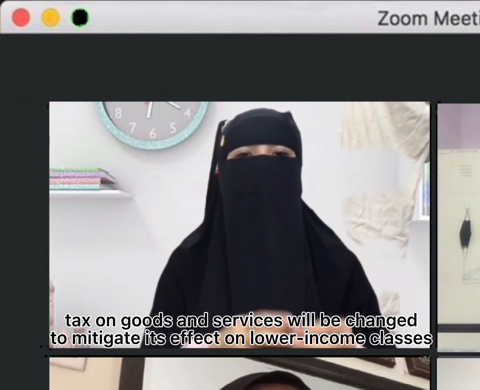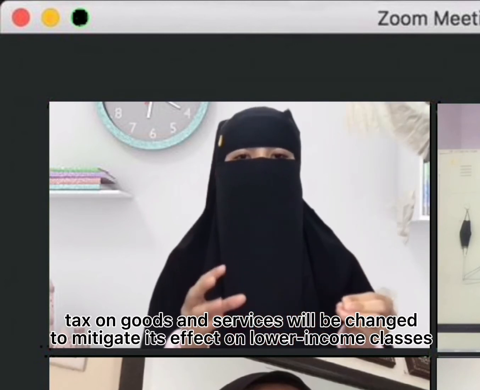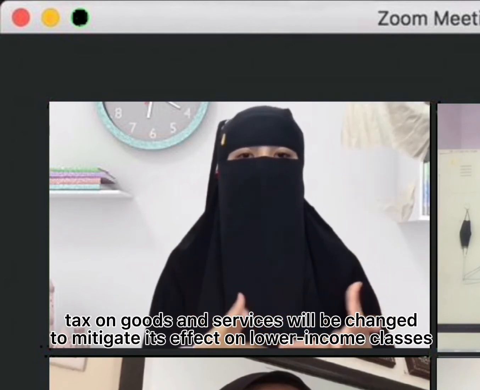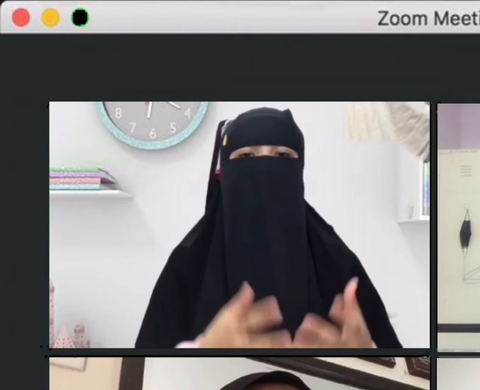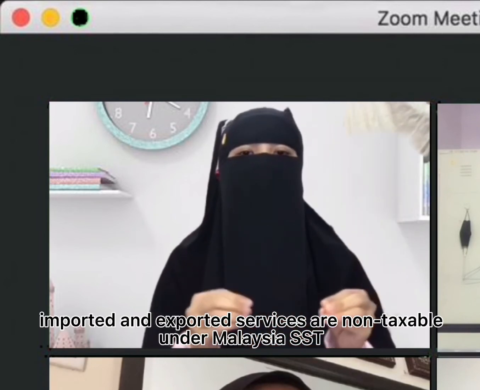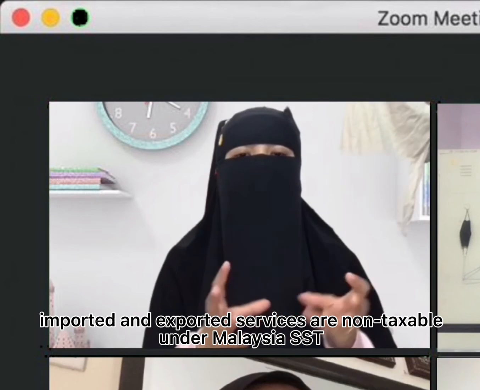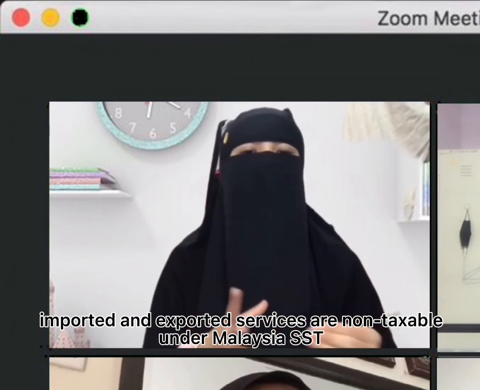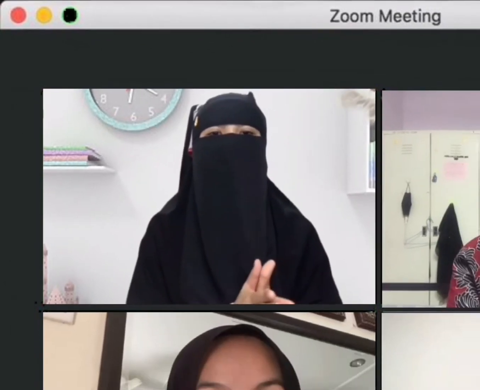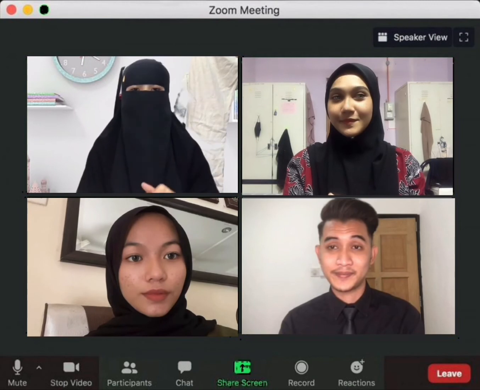Next, tax on goods and services will be changed to mitigate its effect on lower income classes. And last but not least, imported and exported services are non-taxable under Malaysia SST. That's all from me. I hand it back to the moderator.